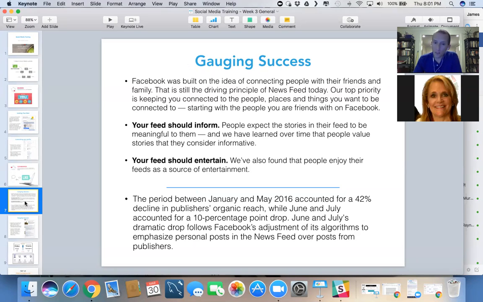That means for a business page, Facebook dramatically cranked down your ability to get found by the people who like your page. And then they dropped it another 10% last summer. But this last sentence is the important part. The drop in the business page algorithm emphasized personal posts in the news feed over posts from publishers.